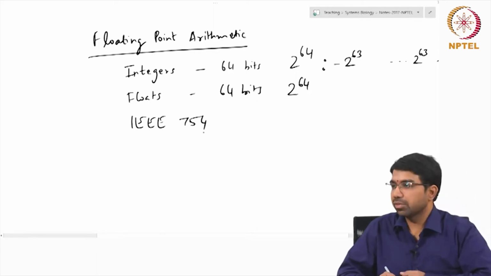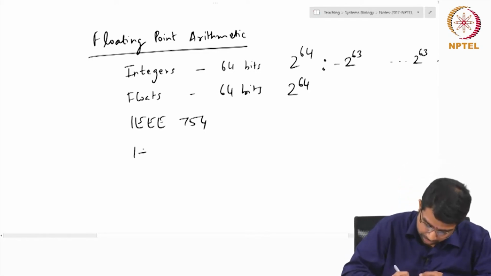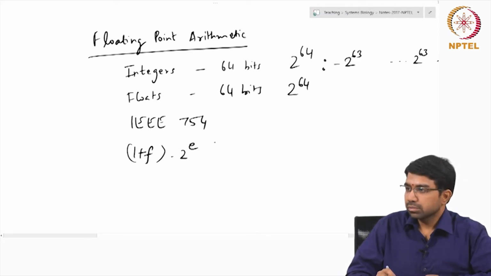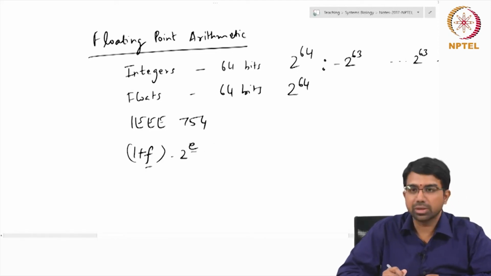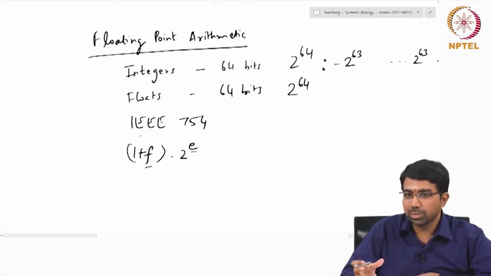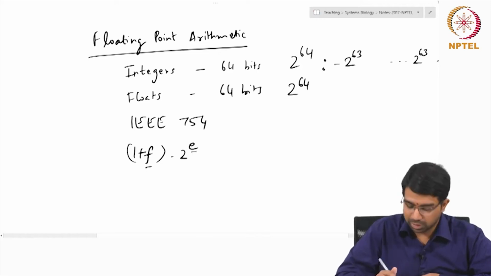This basically says that every number is represented as 1 plus f into 2 to the e. And so, every number is actually represented as some f comma e, right. And the maximum values of e and all of that vary depending upon how many bits you are using and so on.